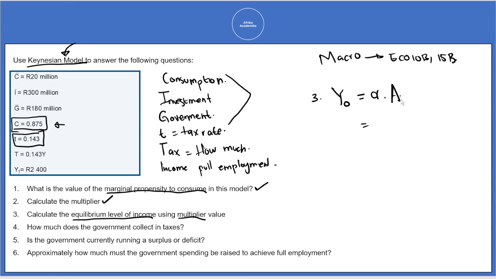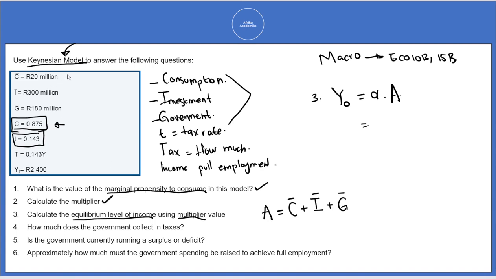And then our A here is our aggregate spending. It simply means aggregate spending. So our aggregate spending equals C, which is consumption, and then I, which is investment, and also G, which is the government spending. I did explain them over here.